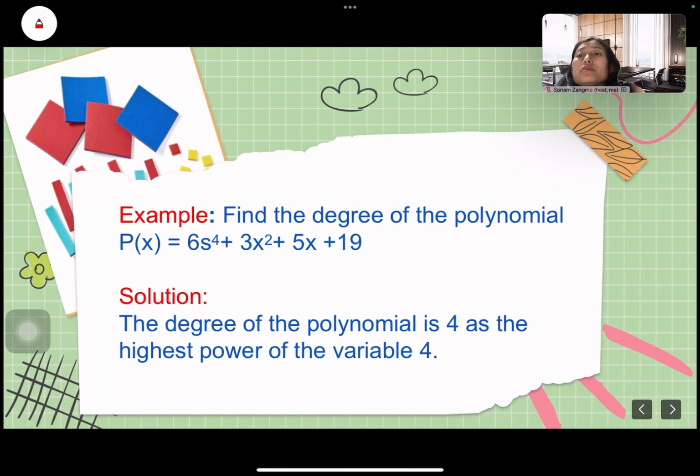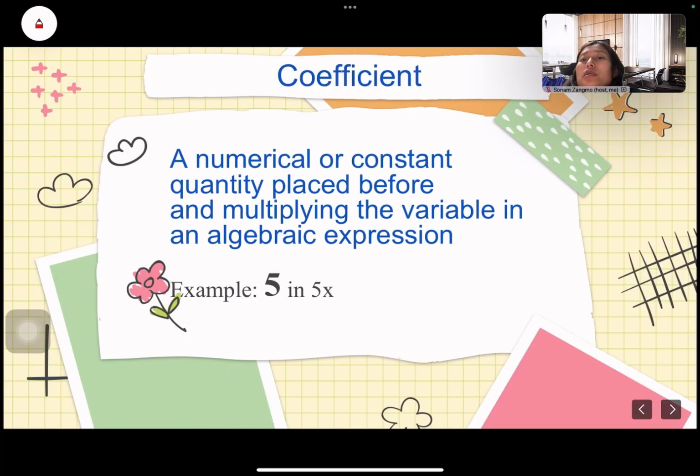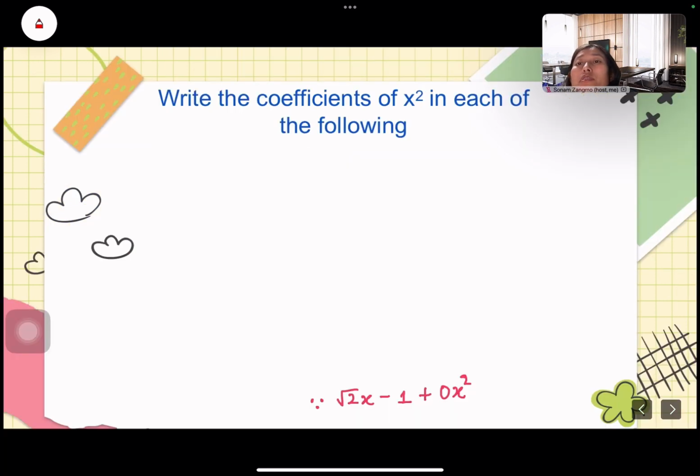The degree of a polynomial, so degree, is the highest exponent. Then find the degree of the polynomial. You just have to look at the variables and compare the exponents. So you have 1, 2 and 4. So 4 is the degree of this. Then this is the coefficient, meaning the number which is multiplied with the variable is the coefficient. Okay, x squared coefficient.